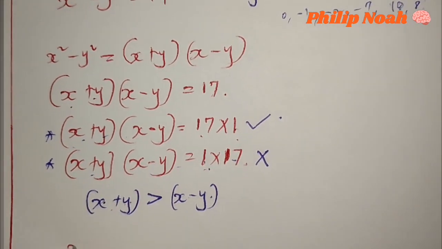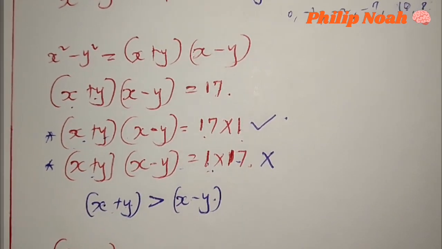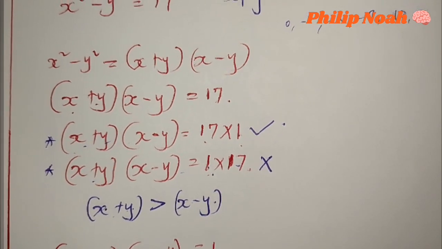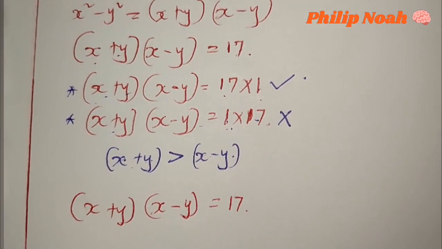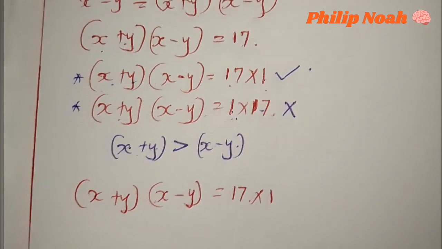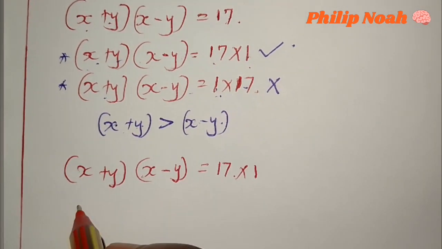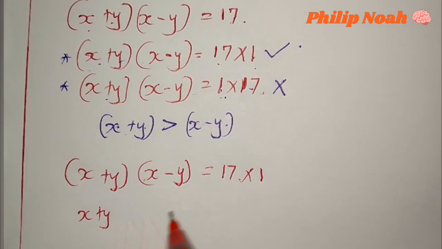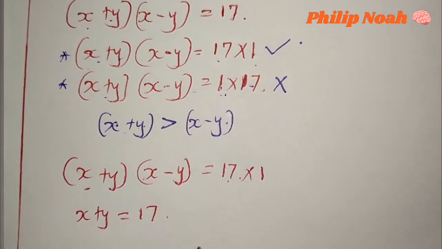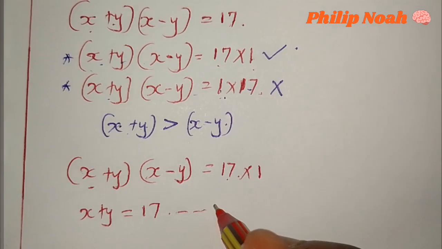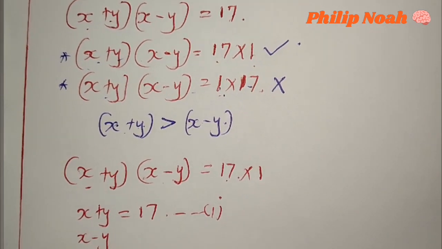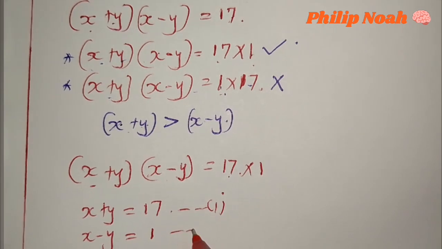So we have (x plus y)(x minus y) is equal to 17 times 1. So x plus y is equal to 17; you can say this is equation 1. Then x minus y is equal to 1; we call this equation 2.